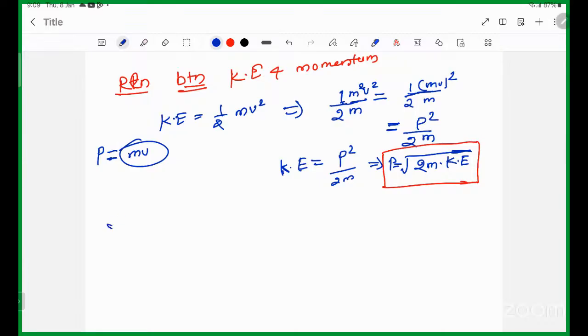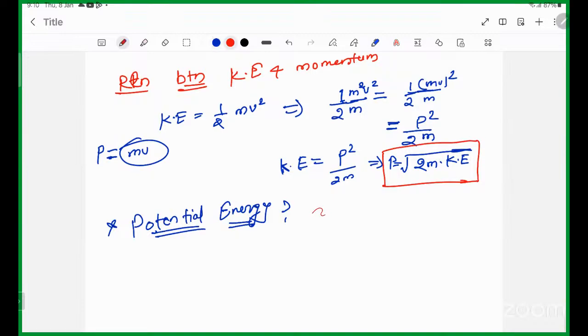So another energy is the potential energy. What is potential energy? The energy stored in an object due to its position.